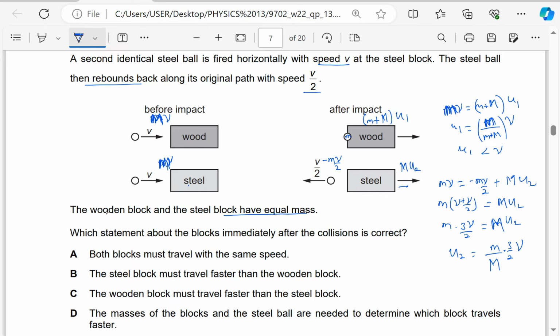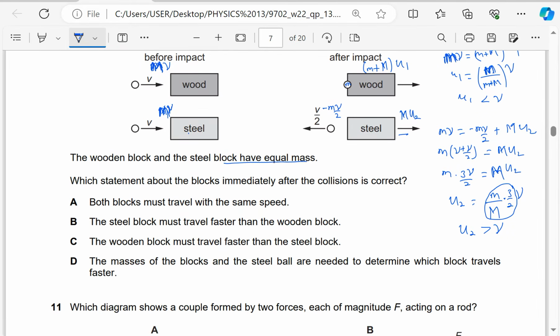When you look at this expression, it is 3 over 2 times m over M times v, so U2 is most likely going to be greater than v.